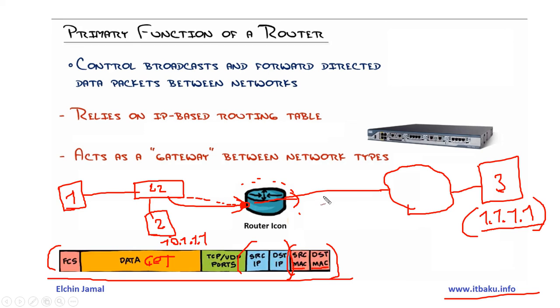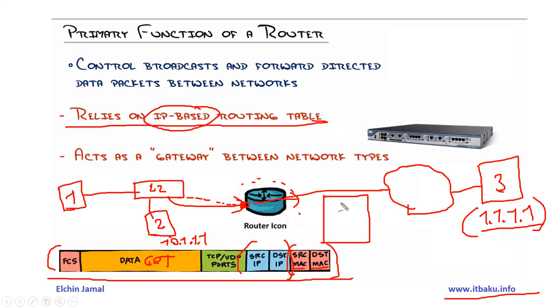Every router has its own routing table, and we can call it a routing map. As you can see, it relies on an IP-based routing table. So every router has a routing table with routing maps, showing where to connect and which routers to use, because this router is connected to many routers. This router, the ISP provider's router, may have different interfaces connected everywhere.